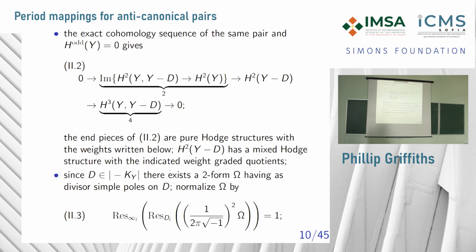You normalize it by taking the double residues and making them 1. You first take, since it has a pole on these curves, take the first residue, and you get a 1 form on these segments that has poles at 0 and infinity, and you take the residue of that, and an elementary argument shows that those are all the same number. Normalize it to be 1.